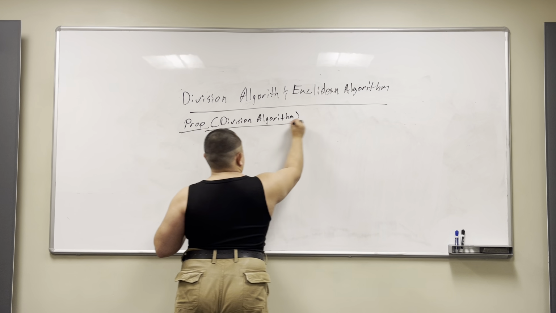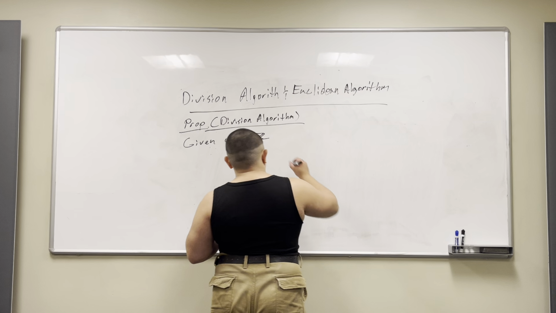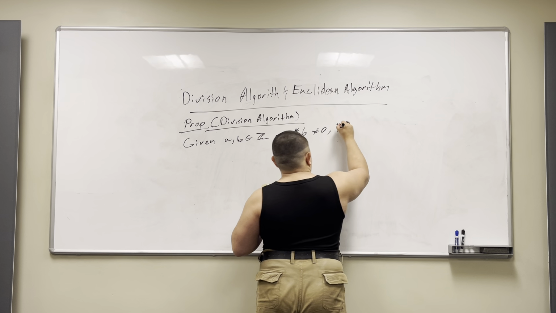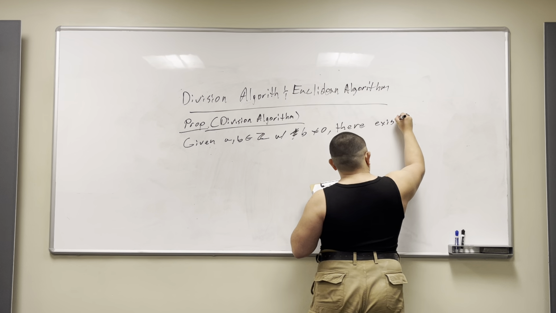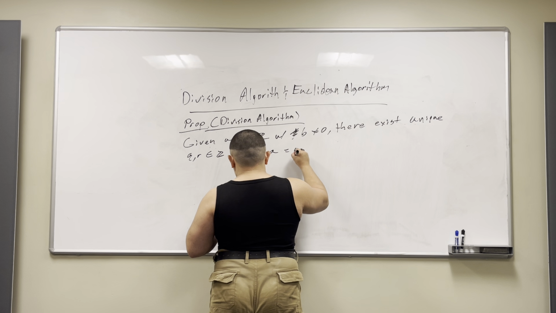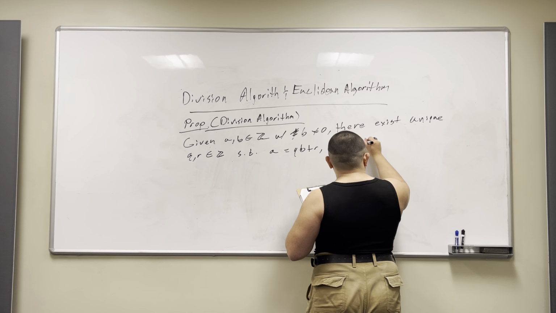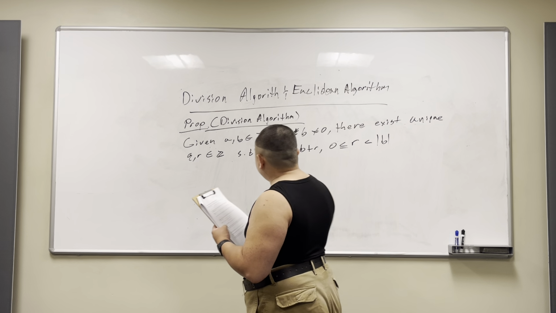Given a, b elements of the set of integers with b not equal to 0, there exists unique q, r within the integers such that a is equal to qb plus r, with 0 being less than or equal to r, which is less than the absolute value of b.